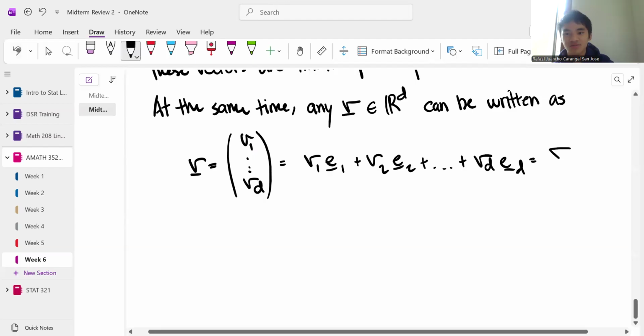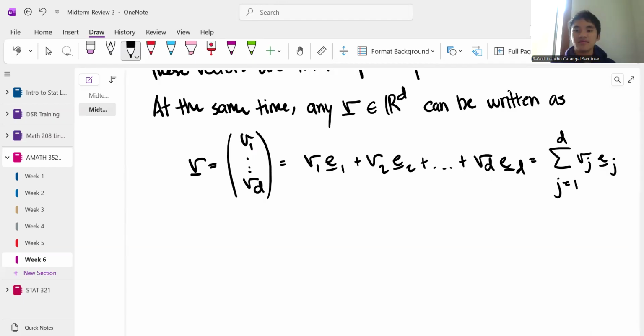We can write it in summation, it doesn't really matter, with index j. All of this is still v, that same v vector. That's what's so nice about standard basis vectors. We can do this kind of linear combination and we'd still get the same thing.